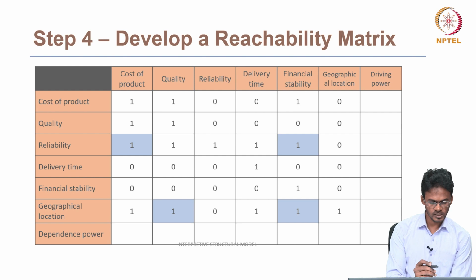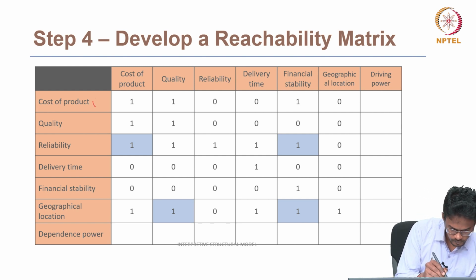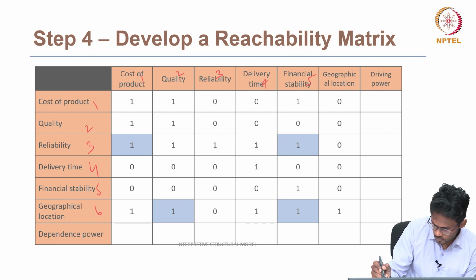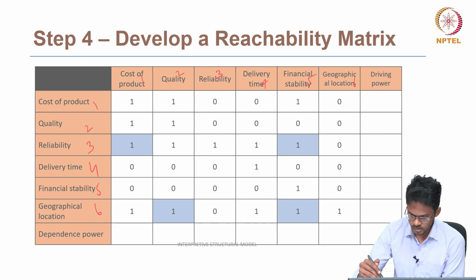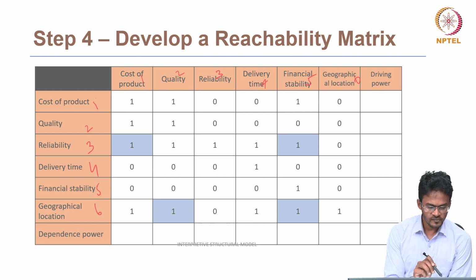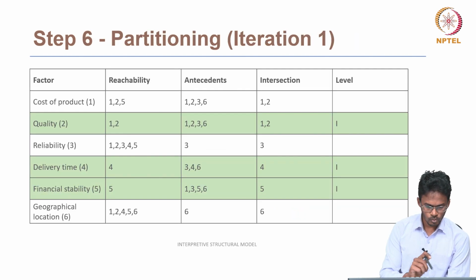When we see the final reachability matrix, let us give the numbers, 6. For cost of product, the factors that are influenced by the cost of product are 1, 2 and 5.